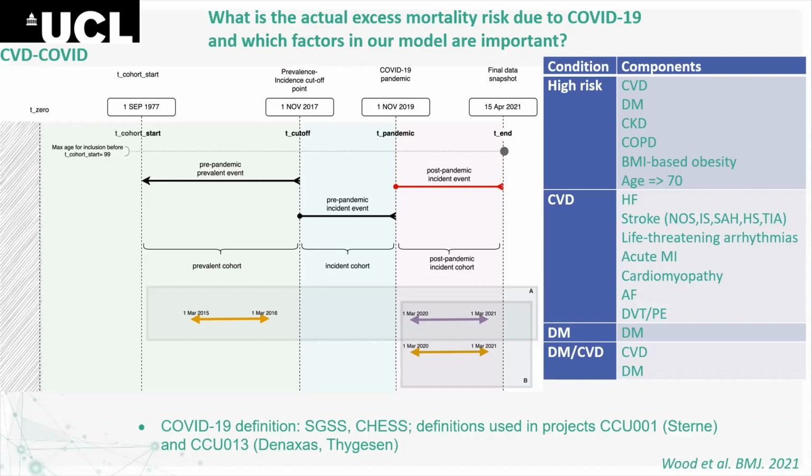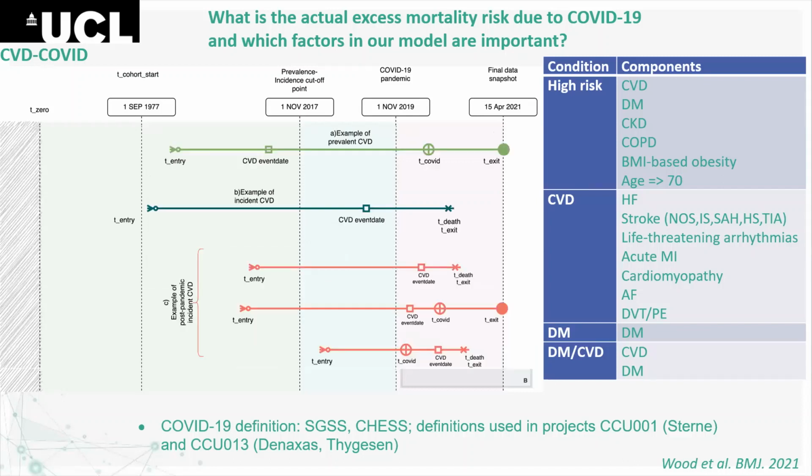But we picked patients with these high-risk conditions, incident and prevalent, and I can speak more to that later if people are interested. And so if you look at the red lines here, I've outlined some potential cardiovascular disease patients who are incident, and incident in the sense that their cardiovascular disease happened in the pandemic period.